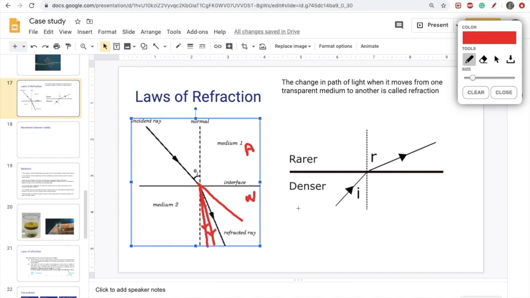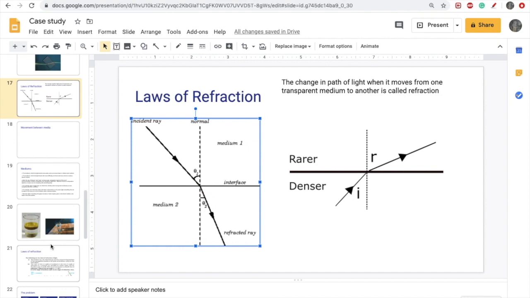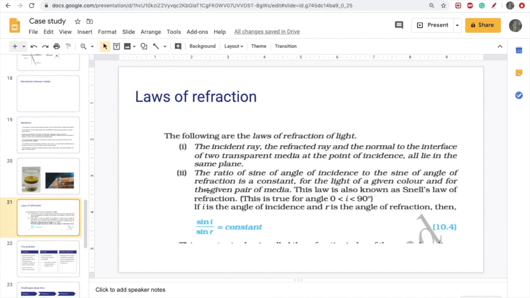So let us see what the second law of refraction states. The ratio of the sine of the angle of incidence to the sine of the angle of refraction is a constant for the light of a given color and for the given pair of media. This law is also known as Snell's law of refraction.